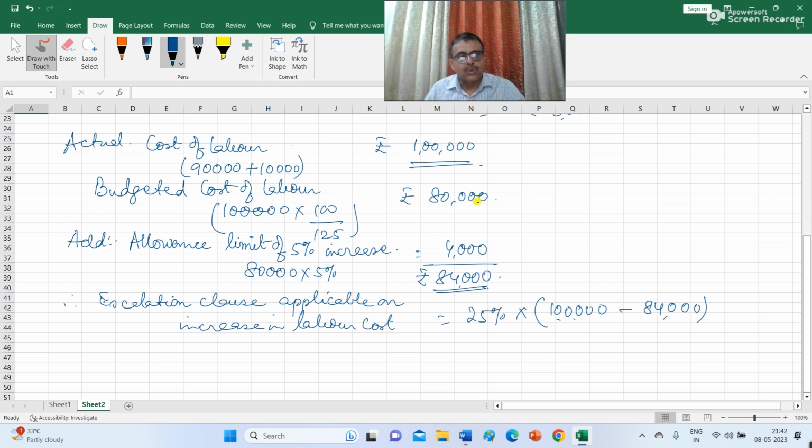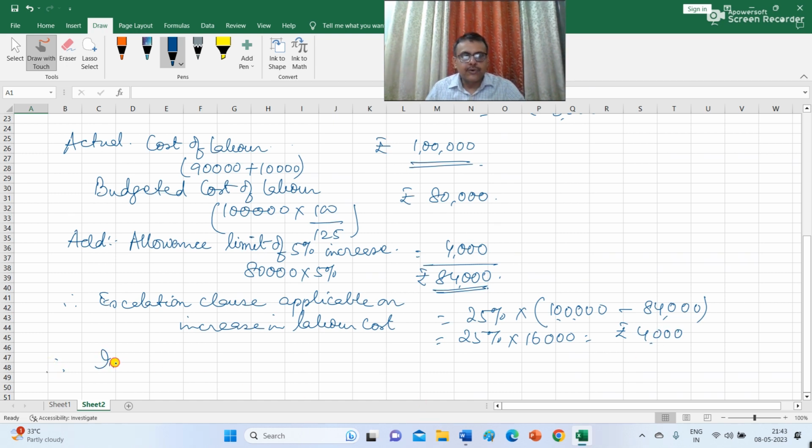So budgeted cost was 80,000 and up to 5% increase, that is 84,000, there will be no increase in the value of contract due to escalation clause. Now, since there was an increase of 16,000, 25% multiplied with 16,000 is rupees 4,000.